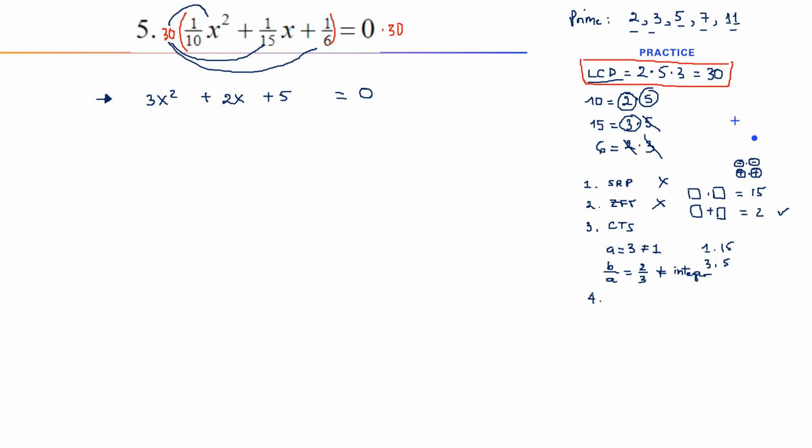We go straight to the quadratic formula. If we remember that, we have x equal minus b plus or minus square root of b squared minus 4ac over 2a.